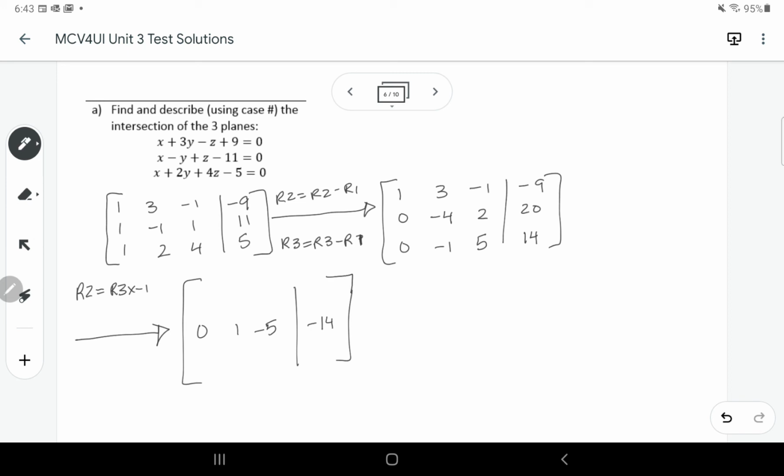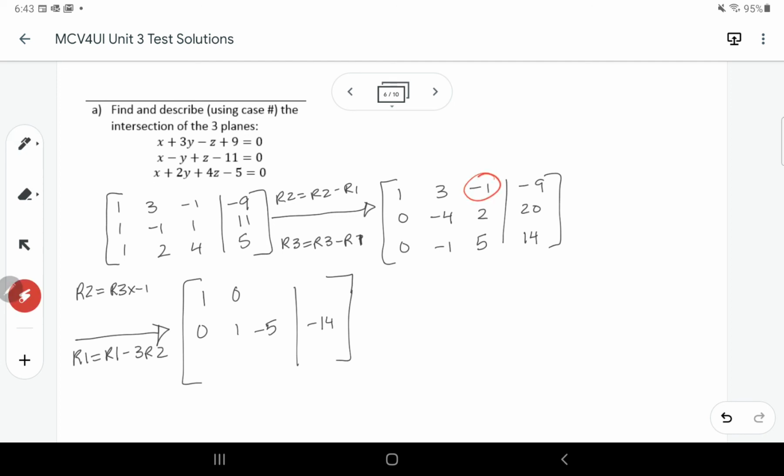And now I'm going to say that row 1 equals the old row 1 minus 3 row 2. And when I say row 2, I'm not talking about these ones. I'm talking about this new row 2. So I've got here 1 minus 3 times 0 is 1. And then 3 minus 3 times 1, of course, is the 0 that I want in that spot.